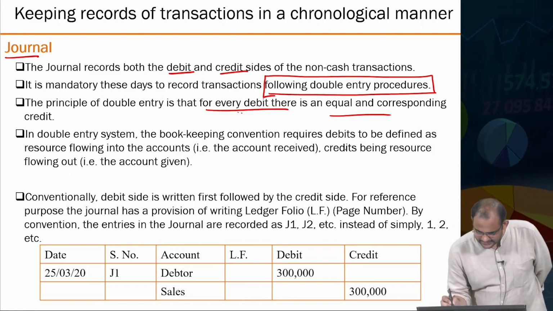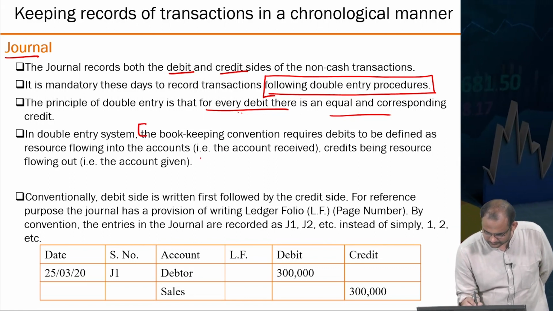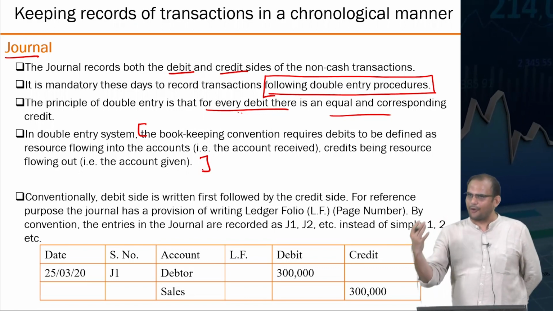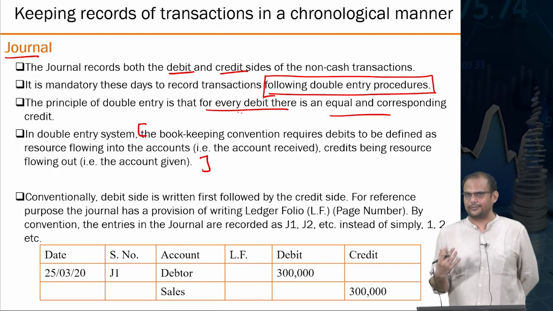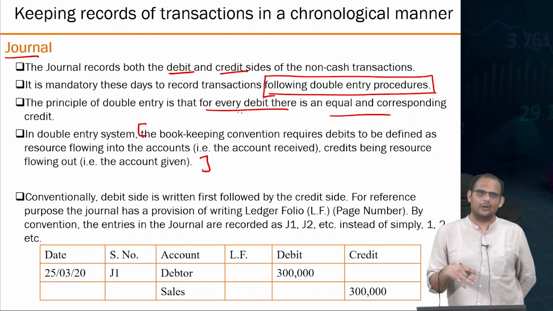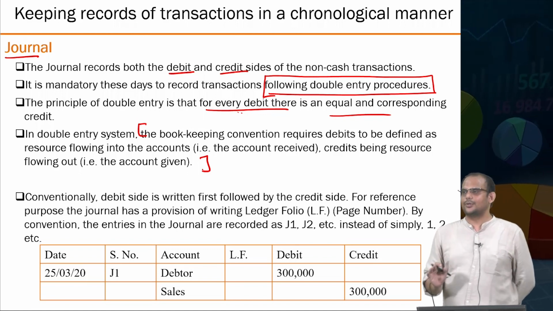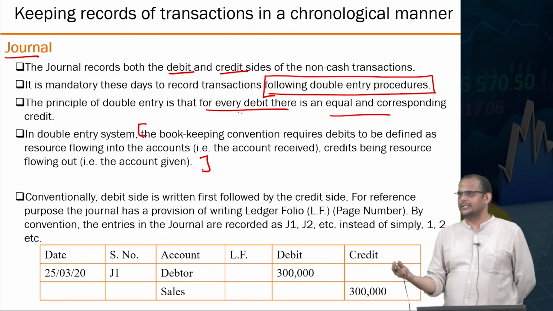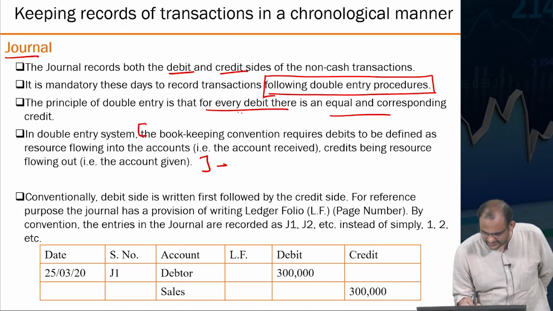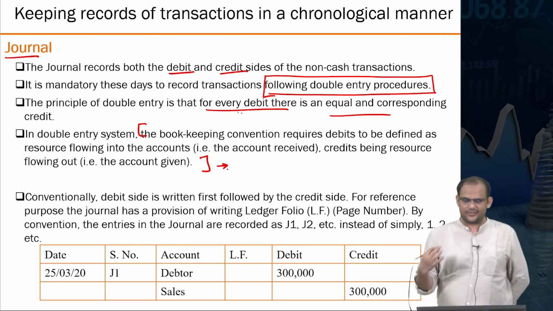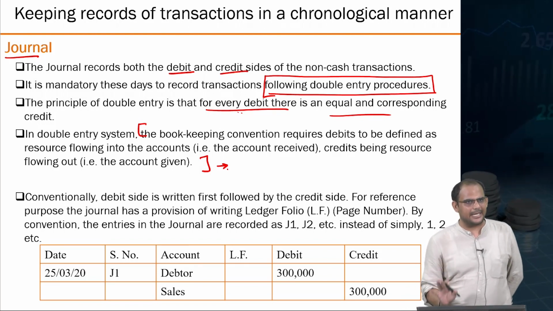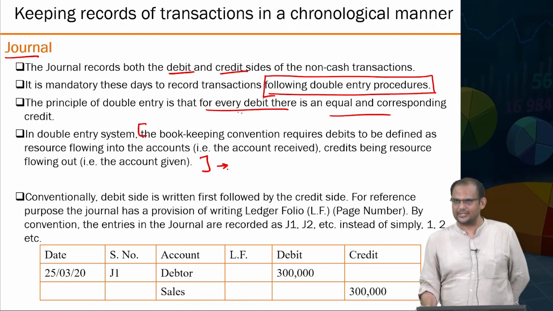And in this particular convention, the debit essentially defines the resources flowing inside the account. Any resource that comes into your account is a debit. Any resource that flows out of your account is a credit. Okay, this is an easier convention, but still creates confusion, at least for me, so I will give you more examples. But this is the basic definition of what a debit and credit looks like.